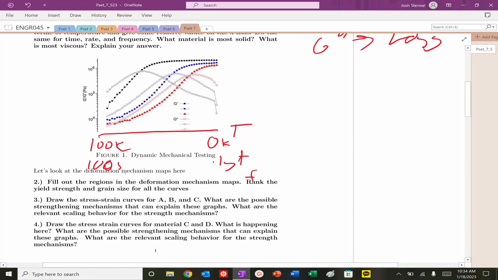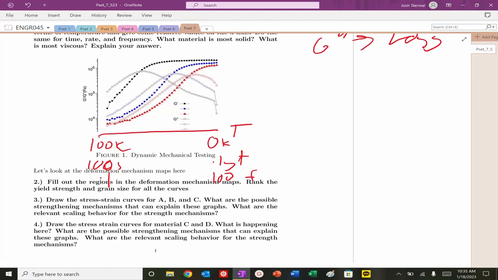So here, this would be long time, and very short time will be my elastic response. High frequencies, so 100 here, and very low frequencies here. High frequencies will give my elastic response, and low frequencies will give my viscous response.